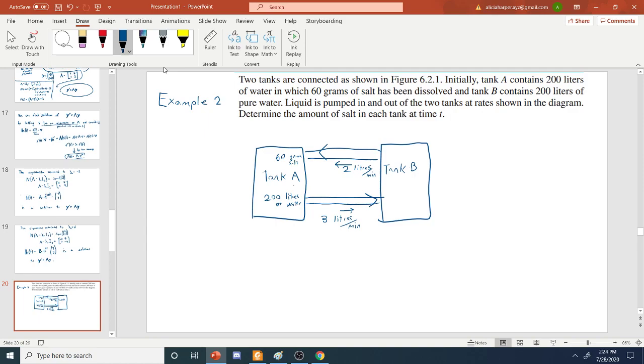And over here, I have simply 200 liters of water. In fact, I'm going to make this nicer. So over here, this is going to be 2 liters as well. So the liquid that's going from here into here, well, there's also liquid going from here into here, and they're going at the same rate.